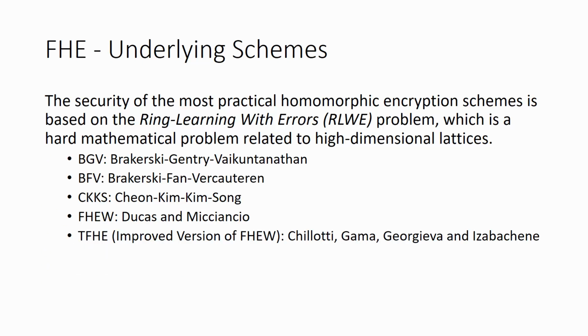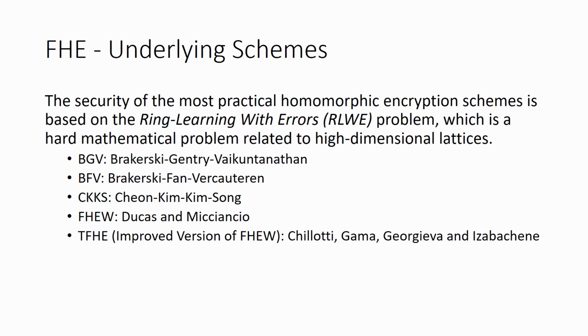Now, underlying the fully homomorphic schemes is what is called the ring learning with errors problem. Ring learning with errors is a very hard mathematical problem related to high dimensional lattices. Based on ring learning with errors, a couple of fully homomorphic encryption schemes have been constructed.